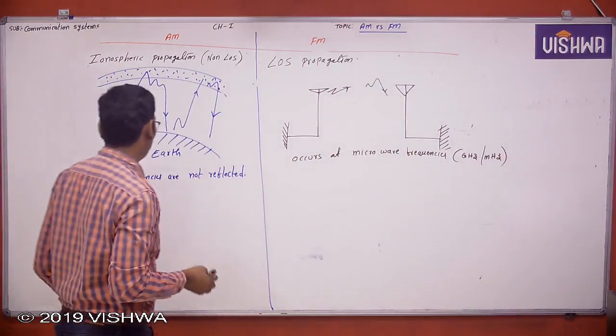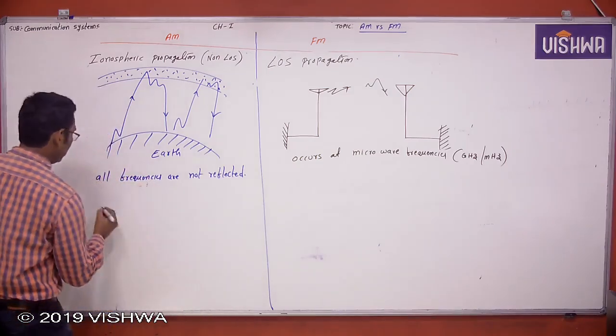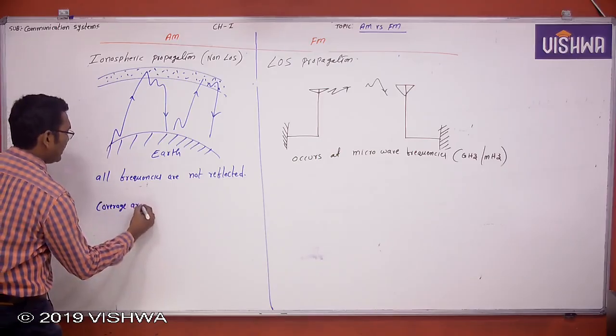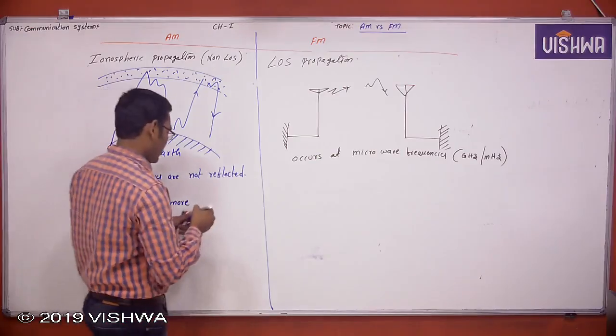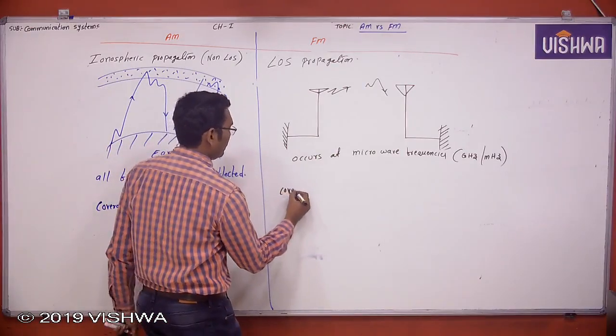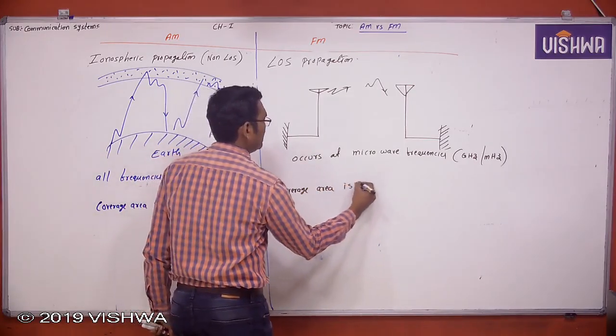So the point here is, in ionospheric propagation the coverage area is more, but here, this being line of sight propagation, the coverage area is limited.